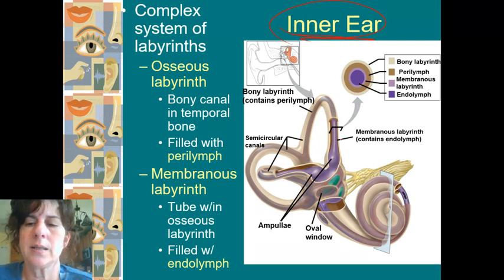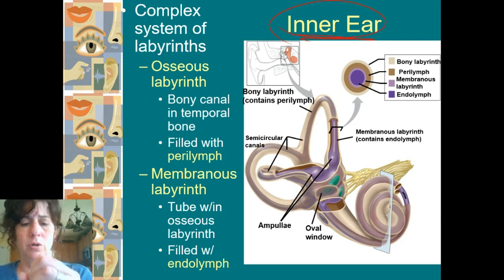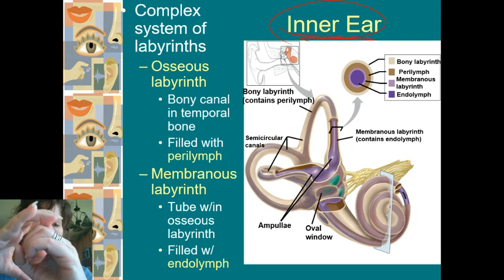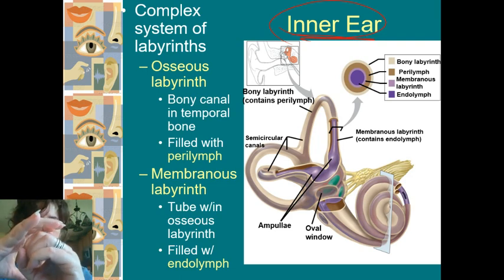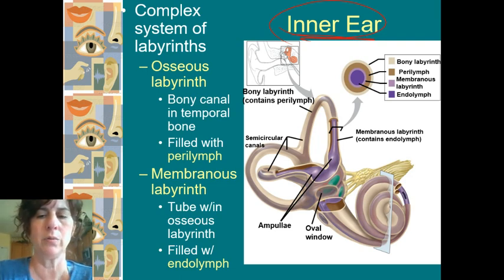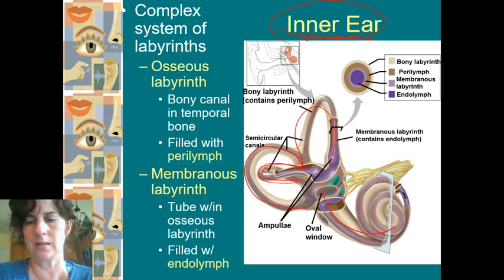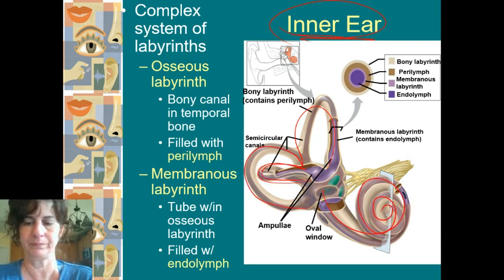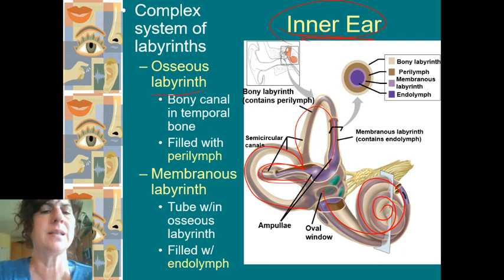The inner ear itself is this complex series of tubes, and it's really a tube within a tube. So I have this outer tube and I have an inner tube inside of that. See how this is going like this? This curls into a snail shell. It's a labyrinth.